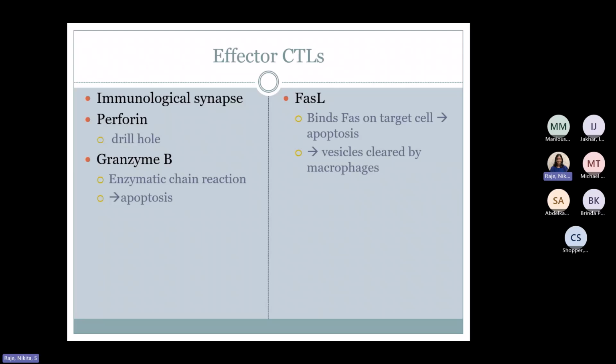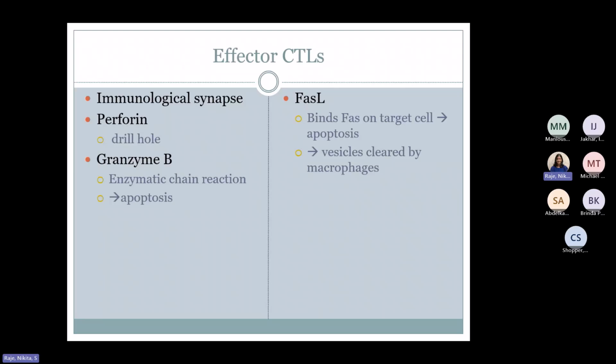So the perforin can then make a hole in the target cell as well and release granzymes, particularly granzyme B, into that target cell, and that helps in an enzymatic chain reaction in that target cell that leads to the apoptosis of that cell. That's one of the types of action that CTLs can use.